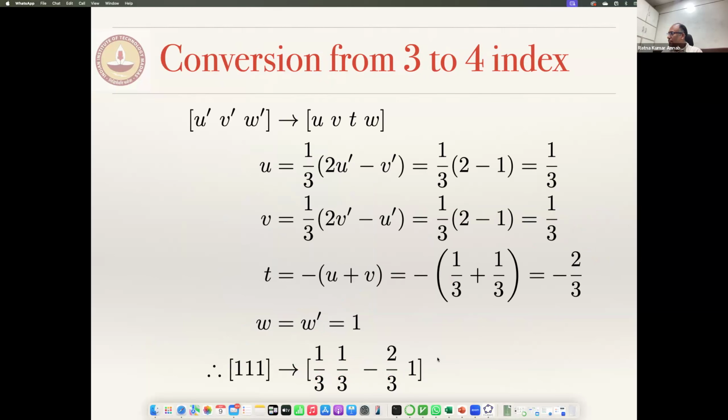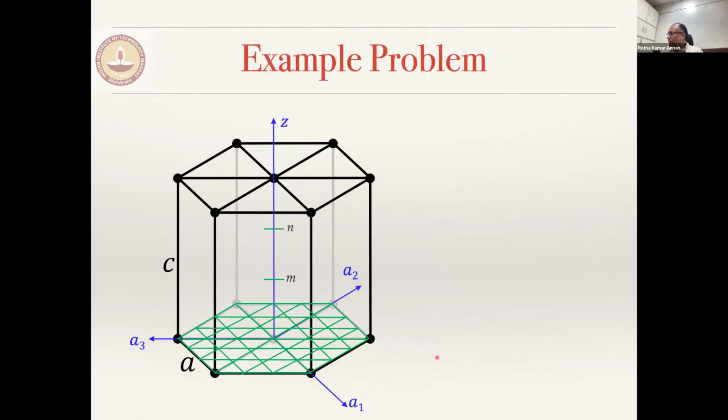So let me see how that can be drawn. 1, 1, 1 in 3-index notation is 1, 1 and 1. So that is the point. Next I have 1, 1, 2 bar 3. So 1 along A1, 1 along A2, and along A3, 2 bar, meaning negative 2. A3 positive is in this direction, so negative 2 means 1, 2.